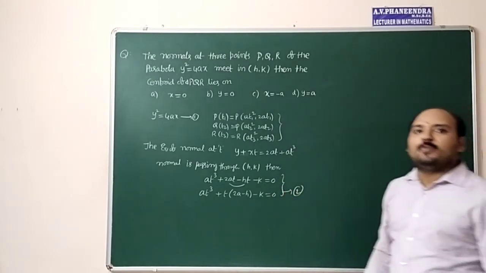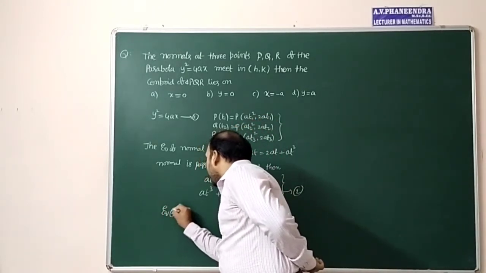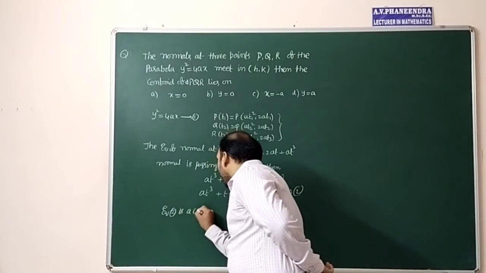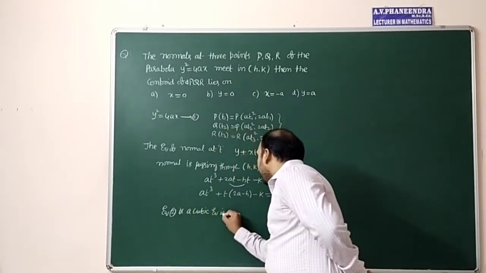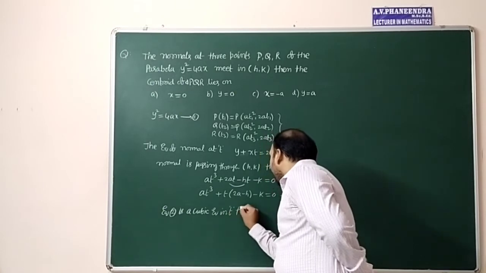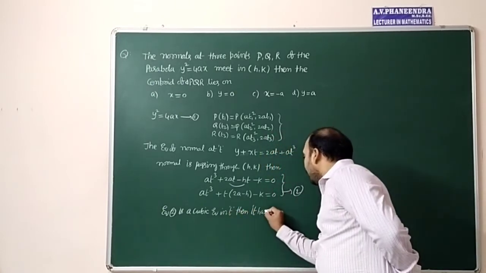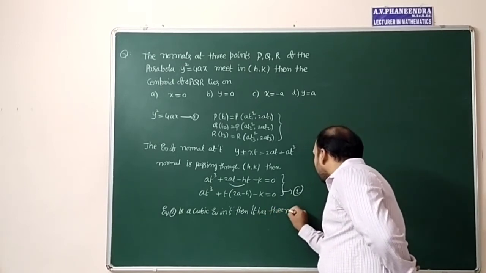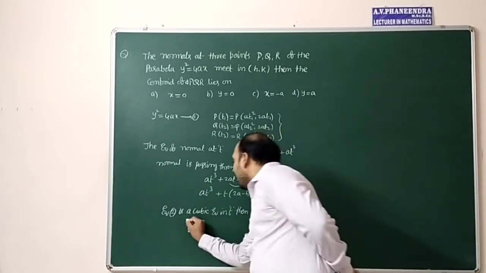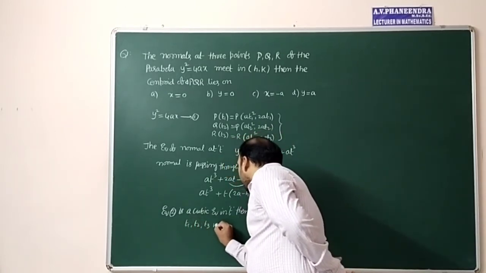Equation 2 is a cubic equation in t. Then it has three roots, t1, t2, t3 respectively.